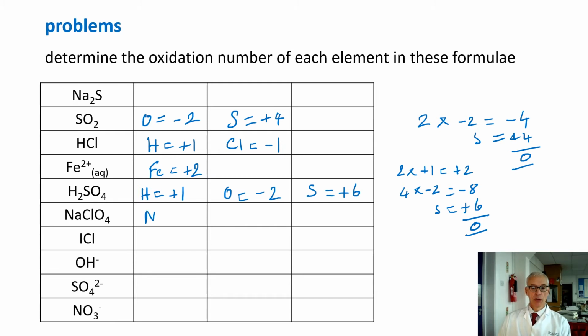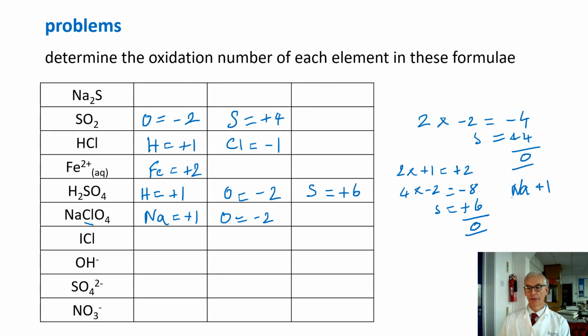Here sodium is in group 1, so sodium must be +1. Oxygen is always -2. Chlorine is not the more electronegative element. Oxygen is more electronegative than chlorine. So we've got sodium at +1.